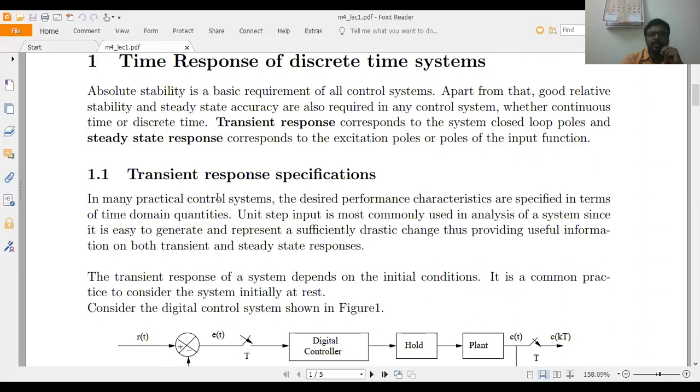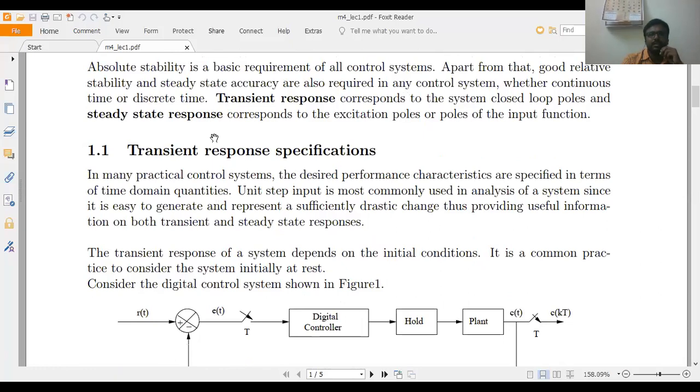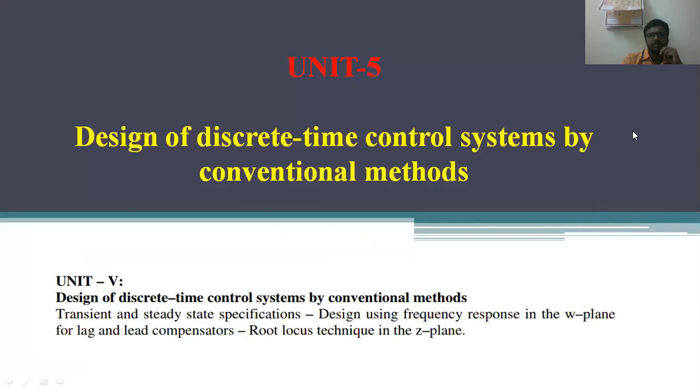The first topic of unit 5, design of discrete time control systems by conventional methods, is transient state specifications. That means we have discussed what the transient time is and what the specifications regarding the transient time response are.